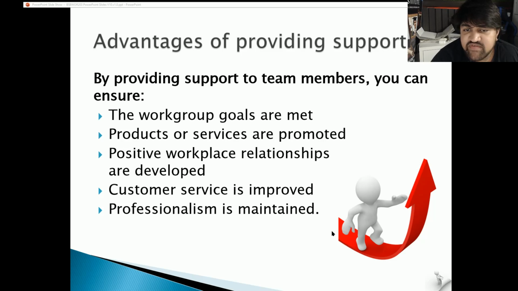Advantages of providing support. By providing support to team members, you can ensure the workgroup goals are met, products or services are promoted, positive workplace relationships are developed, customer service is improved, professionalism is maintained.